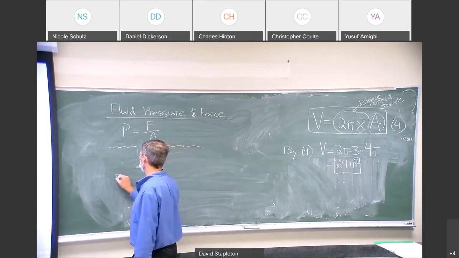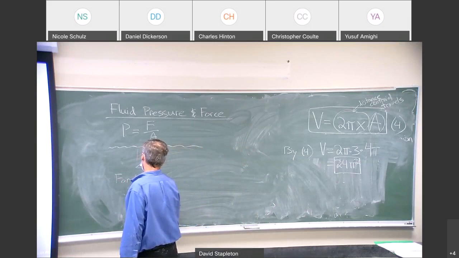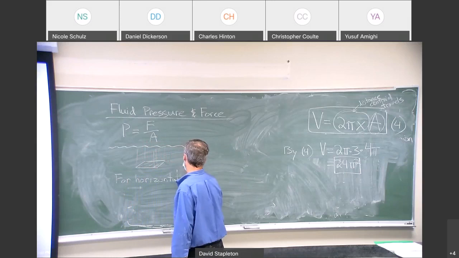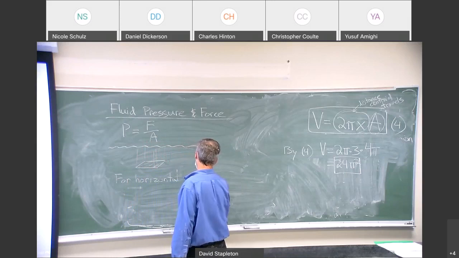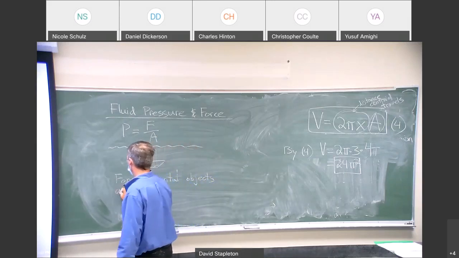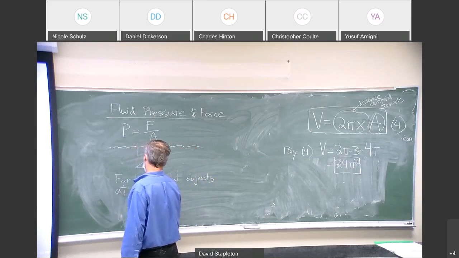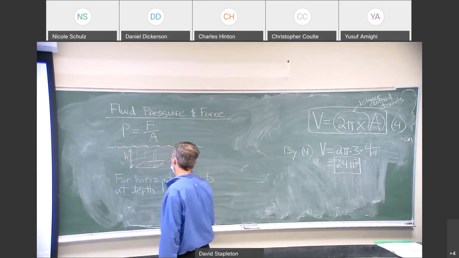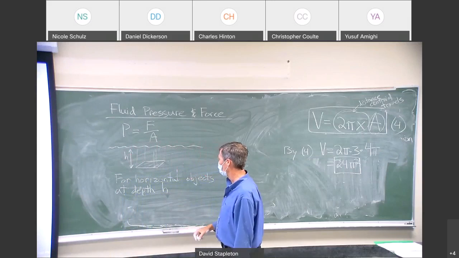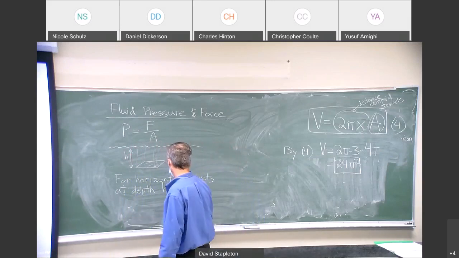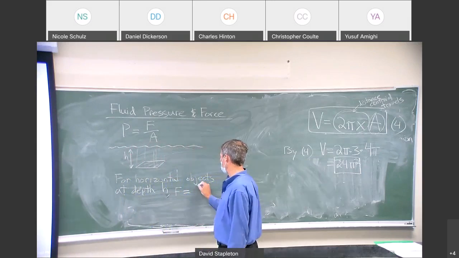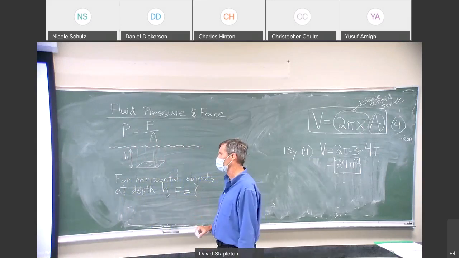For horizontal objects at a depth h, let's say, the force F is equal to the weight density of water, as opposed to the mass density.